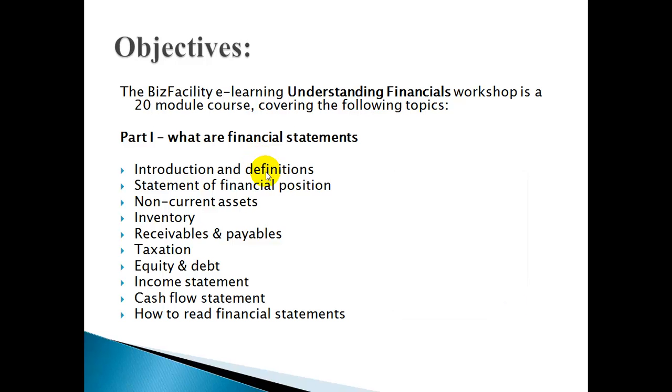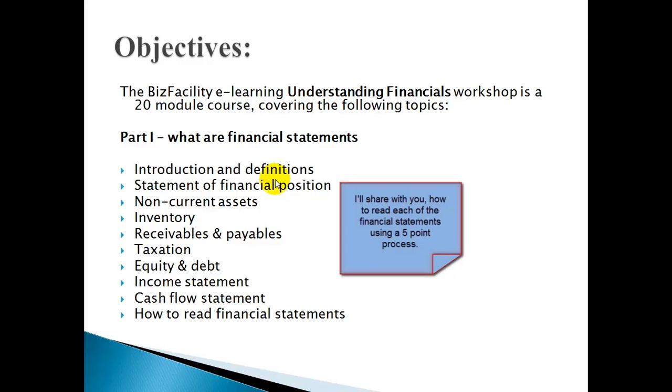We're going to look at what is a statement of financial position, non-current assets, things like PP&E, goodwill. We're then going to look at inventory, stock on hand, receivables and payables, taxation, equity and debt. We'll then look at the income statement, cash flow statement, and ultimately how to read these financial statements.